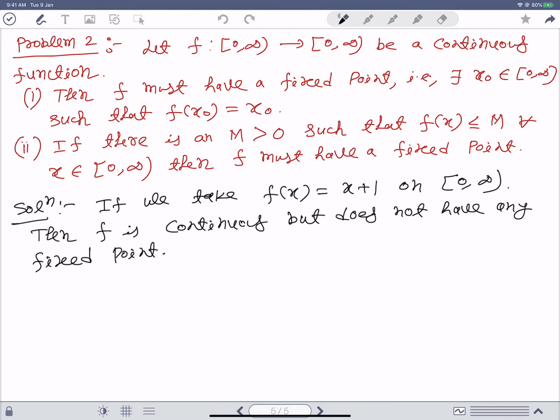Right? So part 1 is not true. Now what about part 2? Now that is true. Why?